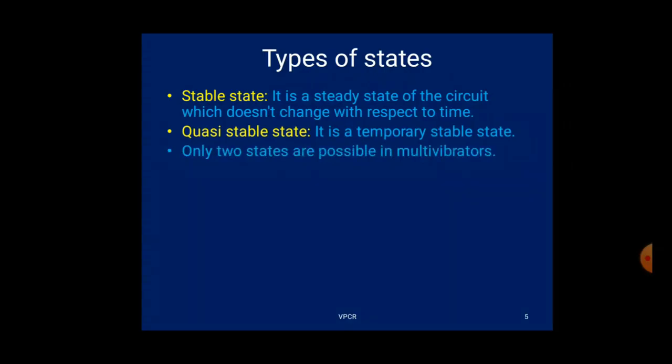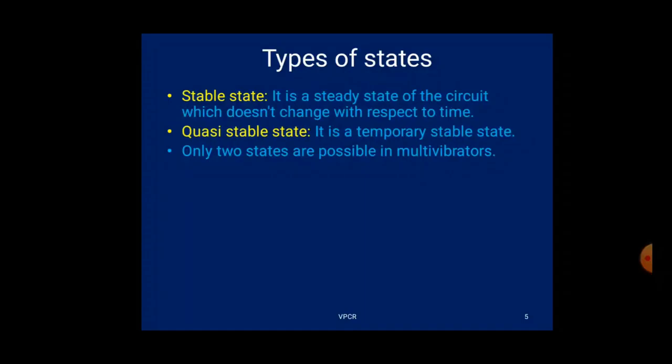But here you have to remember one point: the multivibrator generates a rectangular wave. That means it generates either a low level or a high level. It is not amplifying; it is generating only two levels. To generate two levels with the help of a transistor, the transistor must operate in either saturation or cutoff region. So from this understanding you can eliminate the active region.